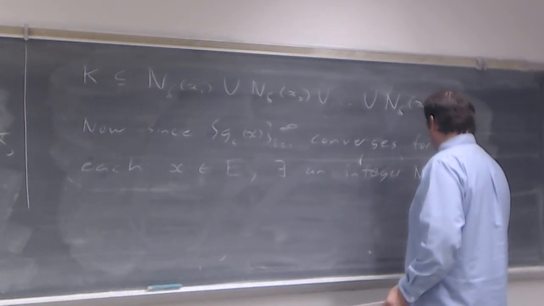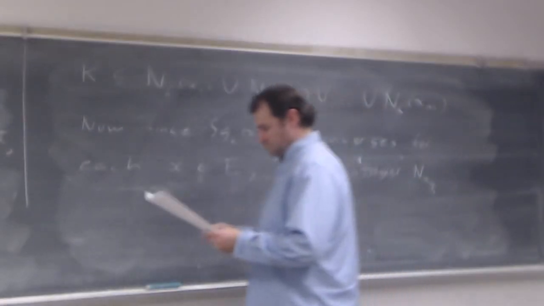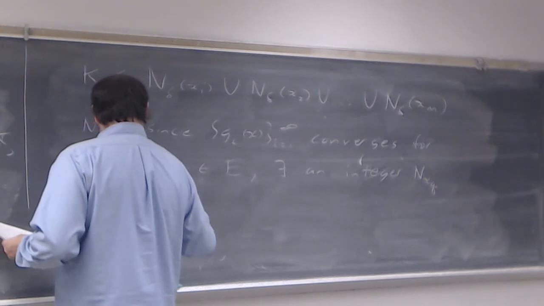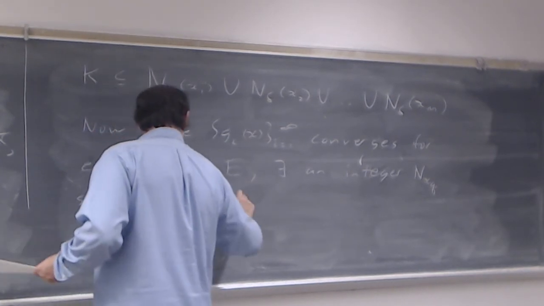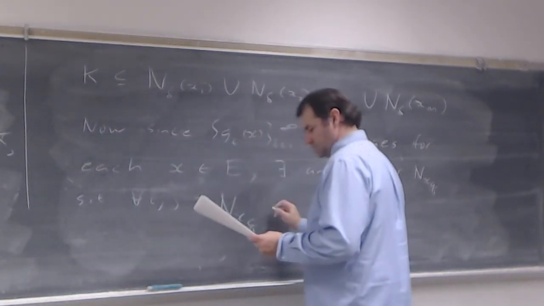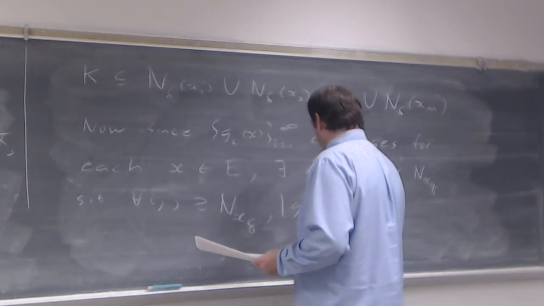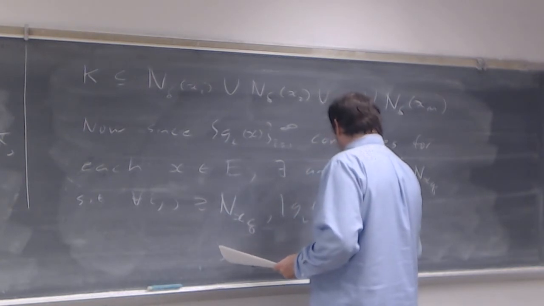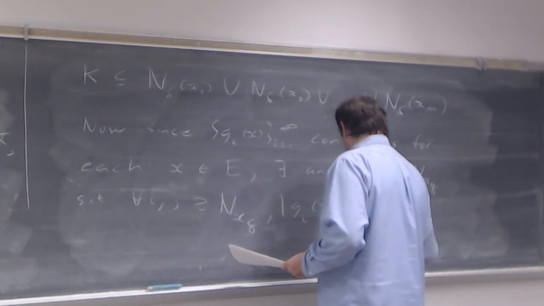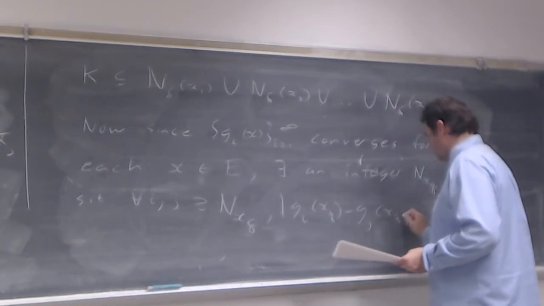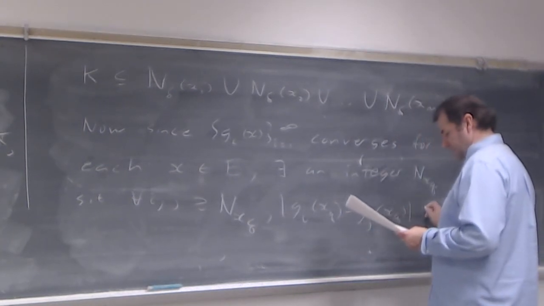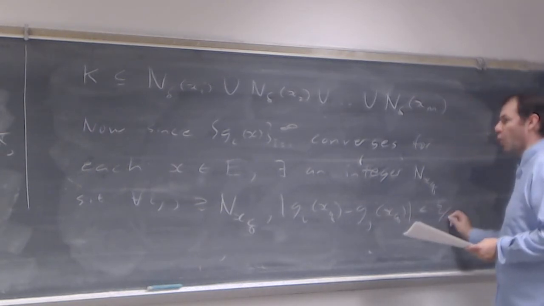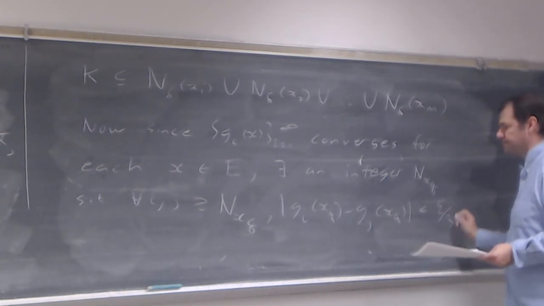There exists an integer n sub x sub q such that for all i and j bigger than or equal to n sub x sub q, the absolute value of g sub i of x sub q minus g sub j of x sub q will be less than epsilon over 3.